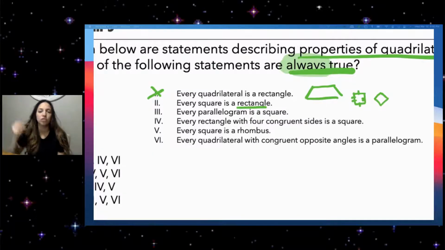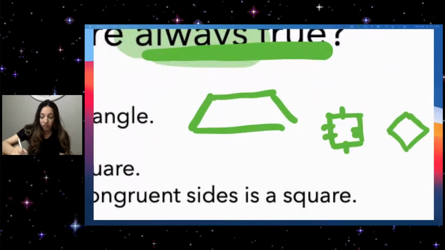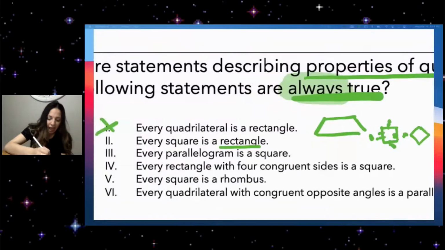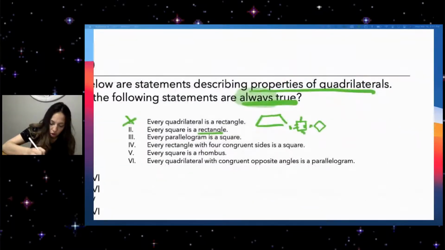Well, is that true for a square? Yeah, every square has that. Now, all 4 sides are the same, but are these 2 sides the same? Yes. Are these 2 sides the same? Yes. All 4 of them are the same, but that doesn't matter.